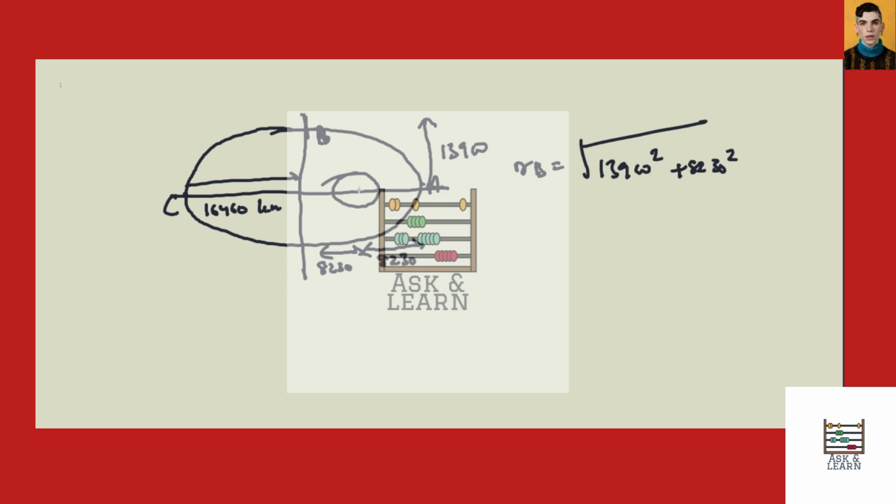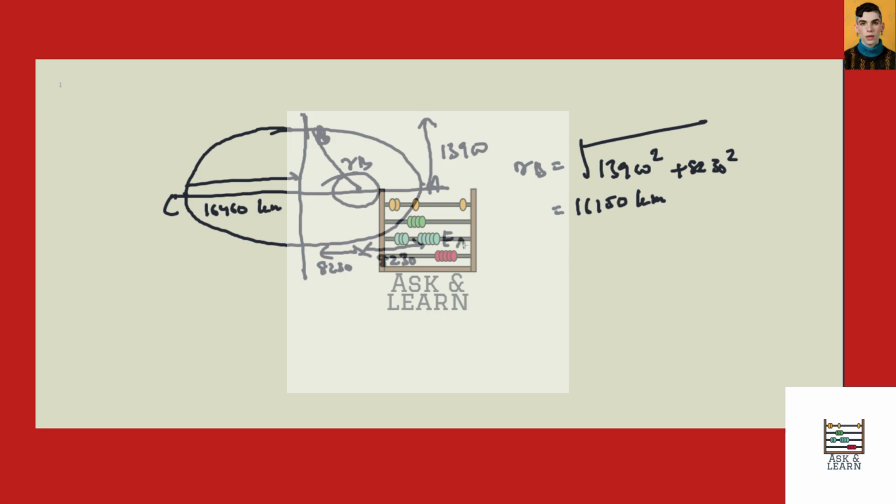So we can find out the distance RB, which is the distance from the center of the Earth to location B, this distance, which is RB. So if you solve that, you will get 16,150 kilometers as the distance RB.